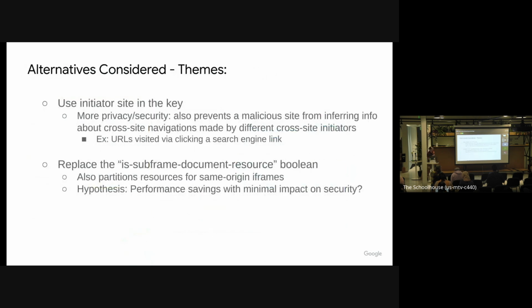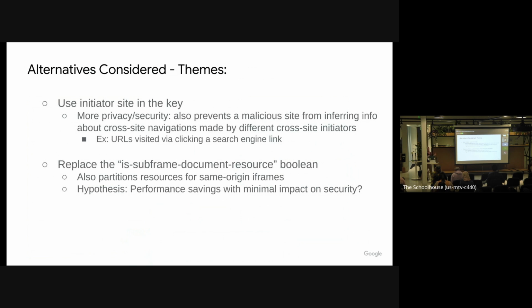In our experiment, we did look at other potential solutions, and they had some themes. One was, could we add the full initiator site into the key? This provides more privacy and security. I was mentioning our current mitigation doesn't protect user privacy in the case where a user has visited a site from a search engine, that would be considered an existing cross-site navigation.